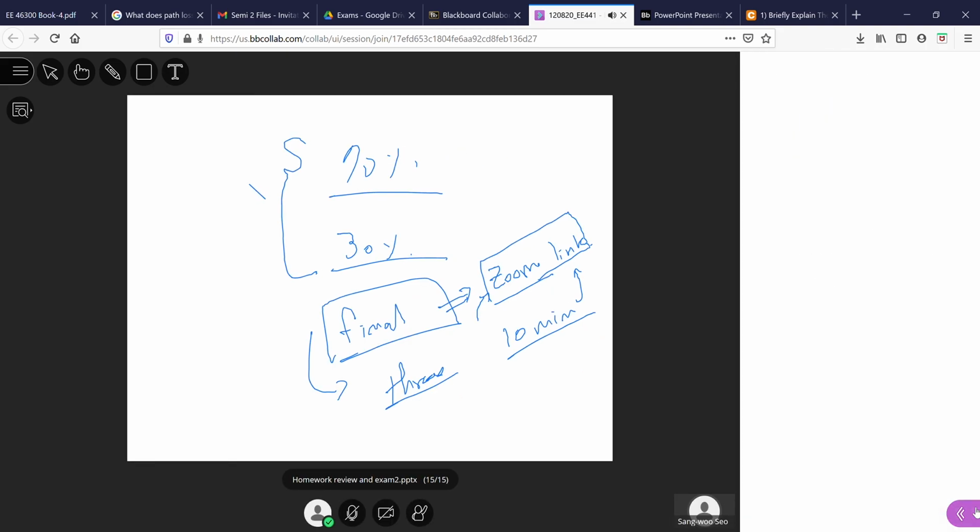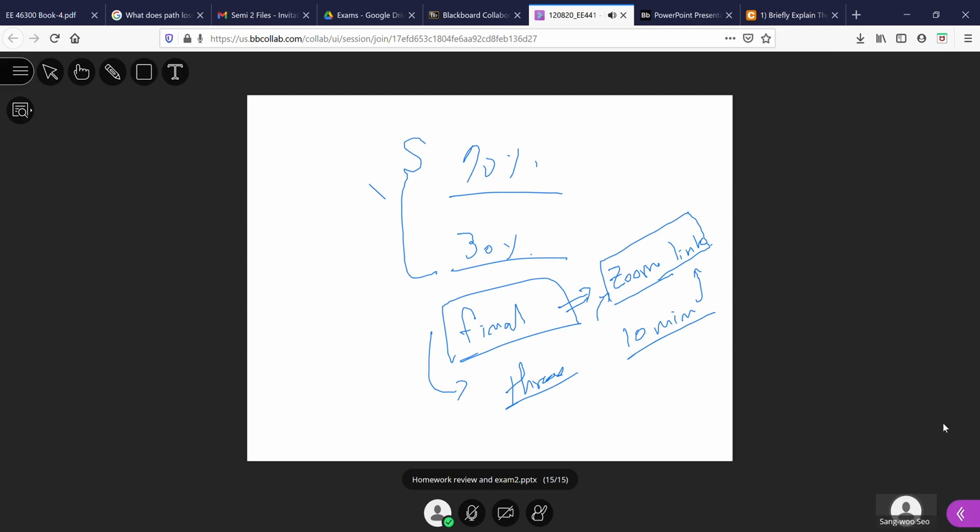The exact exam time, I'm going to send you by email, and the exam itself also by email. The detailed directions I'm also going to send by email. So that will cover the final exam.